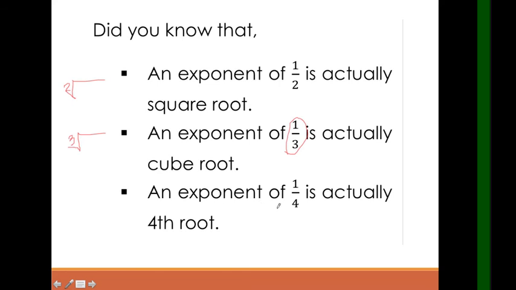For another one, we have 1 fourth, which means that the index is 4, the fourth root. Basically, the denominators are the indices when it comes to exponents.